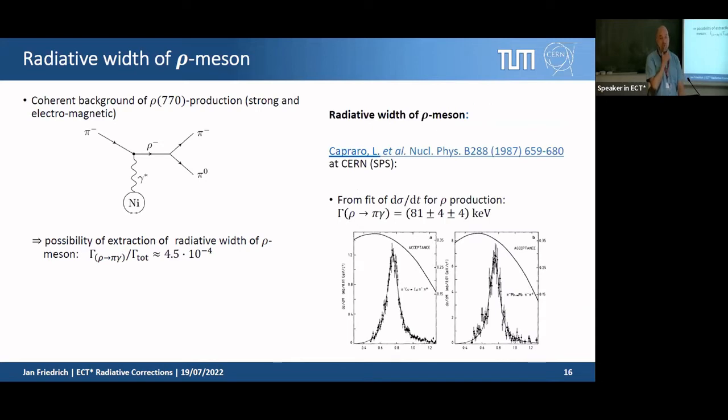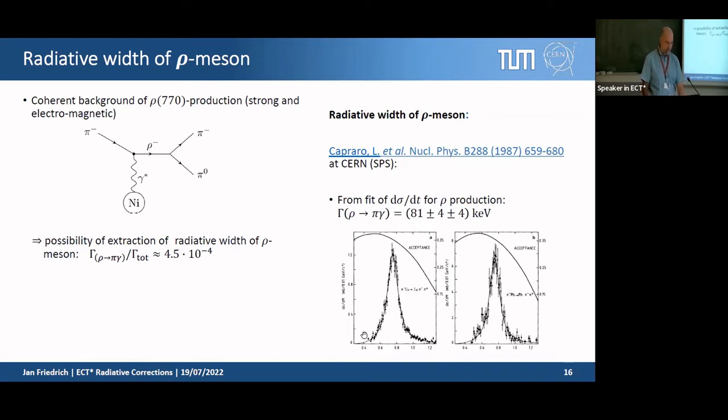And exactly this process has been used by Capraro and colleagues, also a measurement at the CERN SPS, very similar to what the COMPASS experiment is doing, measuring on copper.